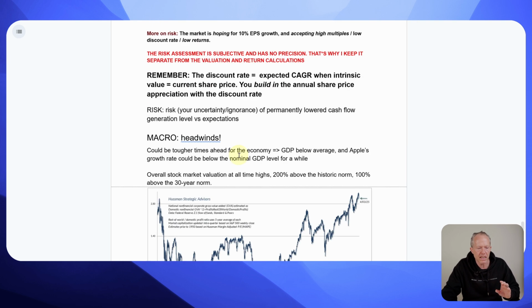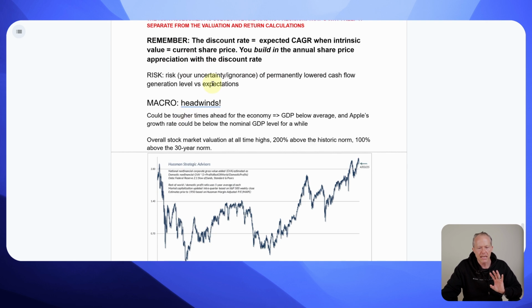Remember again that I like to keep the risk assessment and the return assessment separate, because the risk assessment is so subjective and it's fraught with potential errors and vagueness. So keep them apart. But what you should remember is that the real risk is your uncertainty and ignorance.